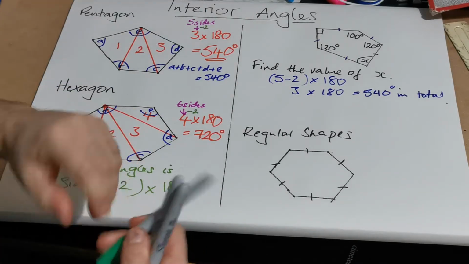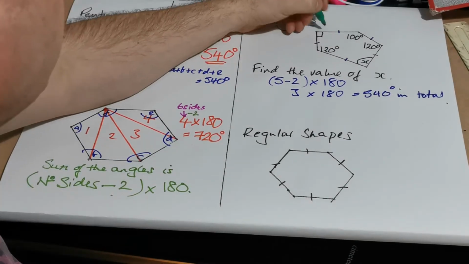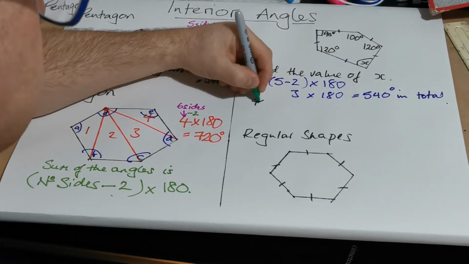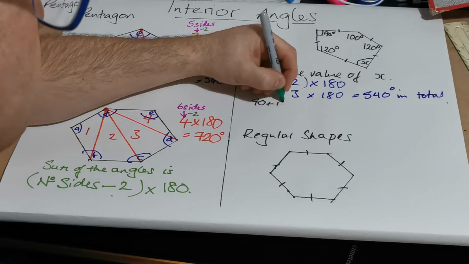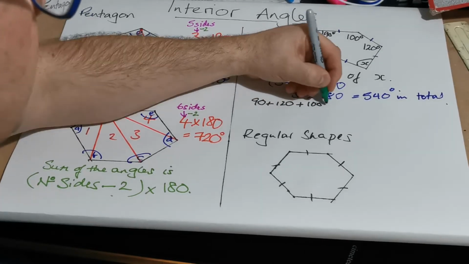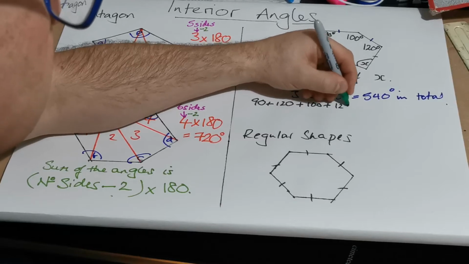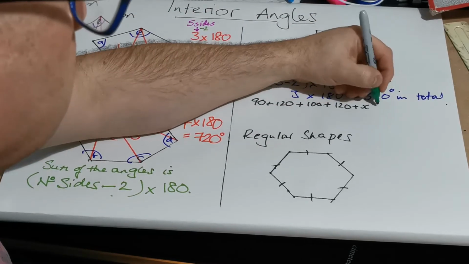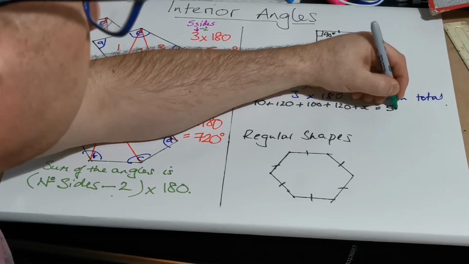If I add all these angles that I've got in here, remembering this little square here means 90, so I've got 90 plus 120 plus 100 plus 120 again plus x is equal to 540.